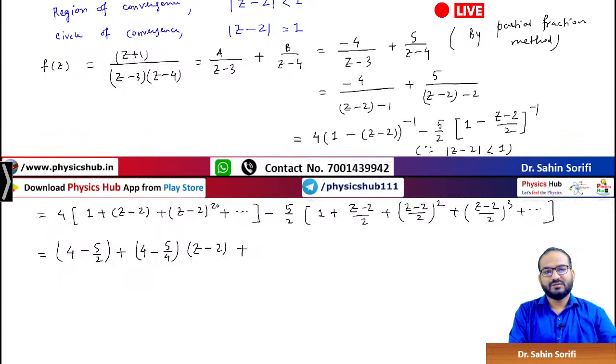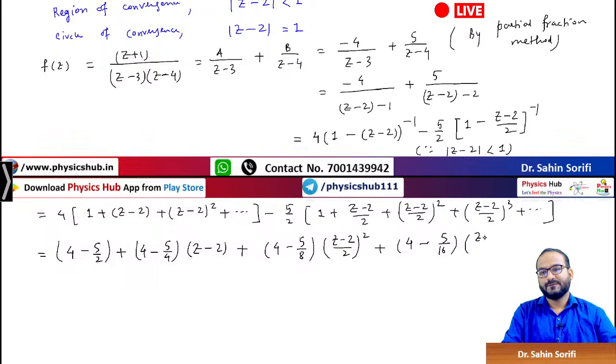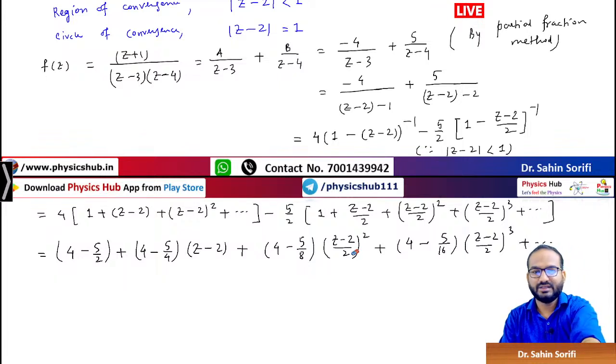Now gather the coefficient of (z minus 2) whole square, it is 4, and here you see 1 by 4 minus 5 by 8, so 4 minus 5 by 8, (z minus 2) whole square, plus in the same way it will give you 4 minus 5 by 16, (z minus 2) whole cube and so on.